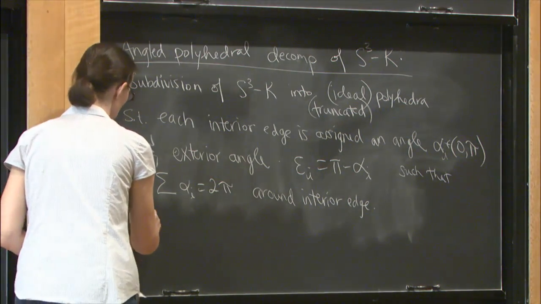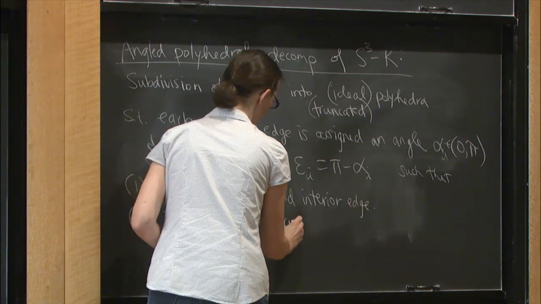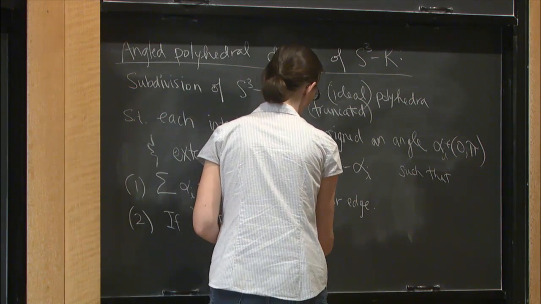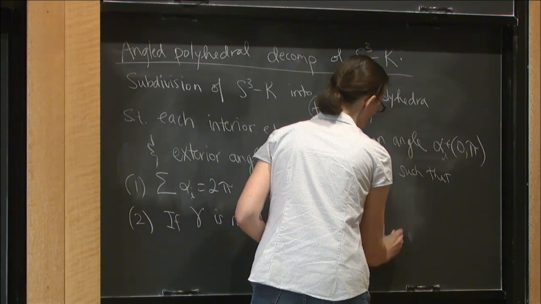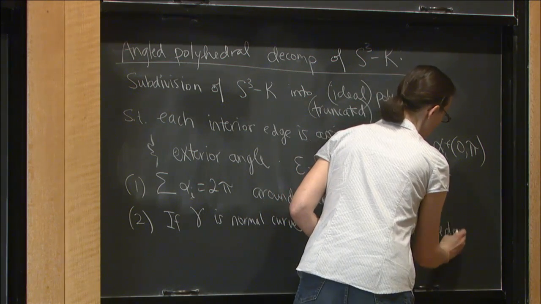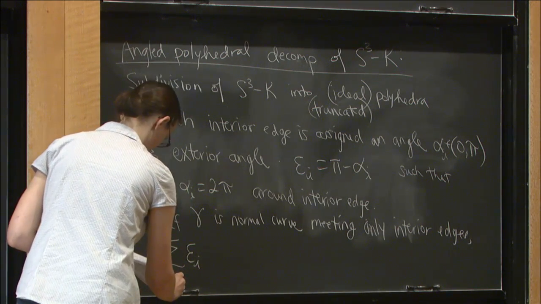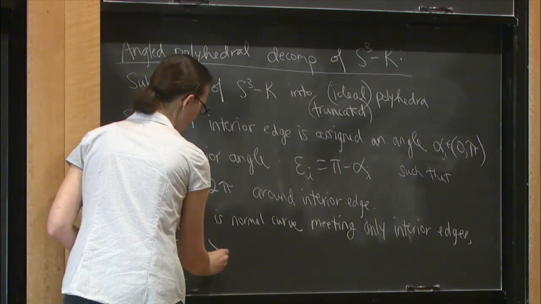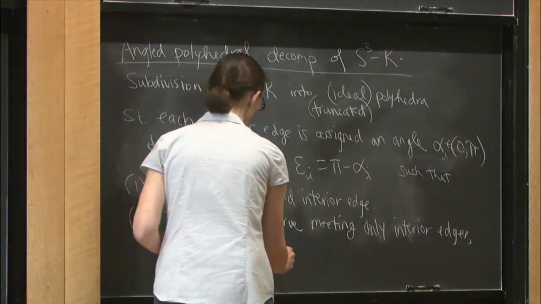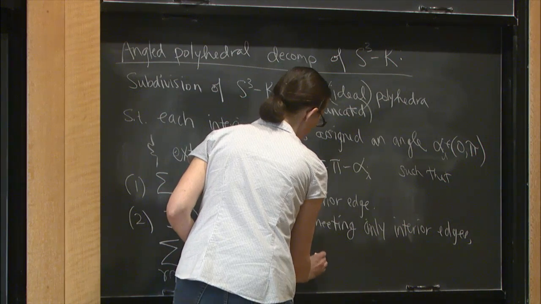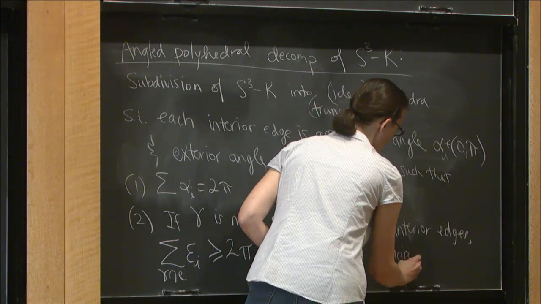The second condition is, if gamma is a normal curve meeting only interior edges, then when you sum up the exterior angles that meet gamma, you always get something that is at least 2 pi, with equality if and only if gamma encircles an ideal vertex.